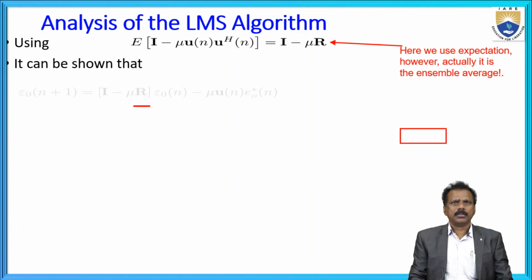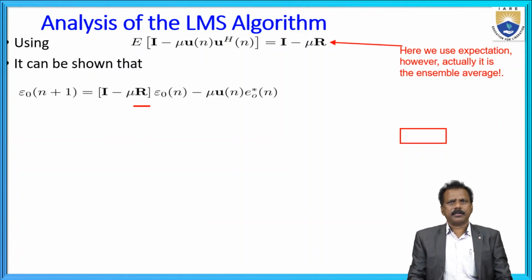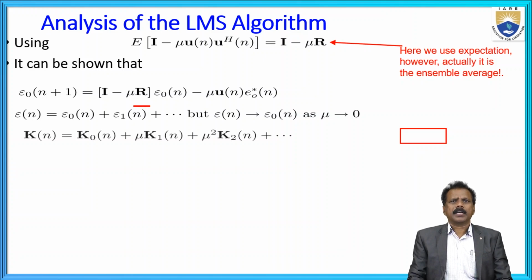It can be shown that n plus 1 is equal to I minus mu u of n, e naught of n, and once we use this value, k of n is equal to this.